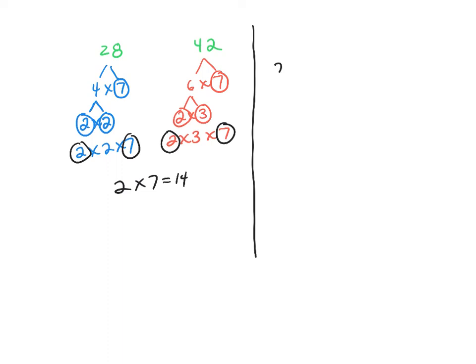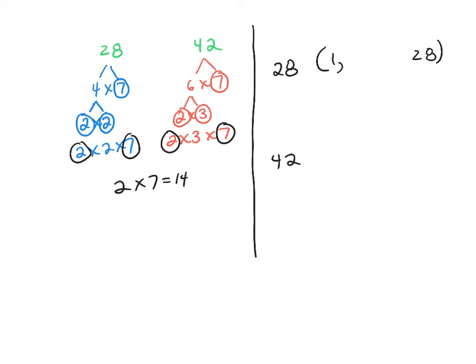If I chose to do it the other way, I would need to write down all the factors of 28. So writing down the factors of 28, I'm going to have 1 and 28. I'm going to try to write these numbers in order from smallest to greatest. So I know 1 is the smallest and 28 is the largest. I'm trying to think of what other numbers I could multiply together to get 28.